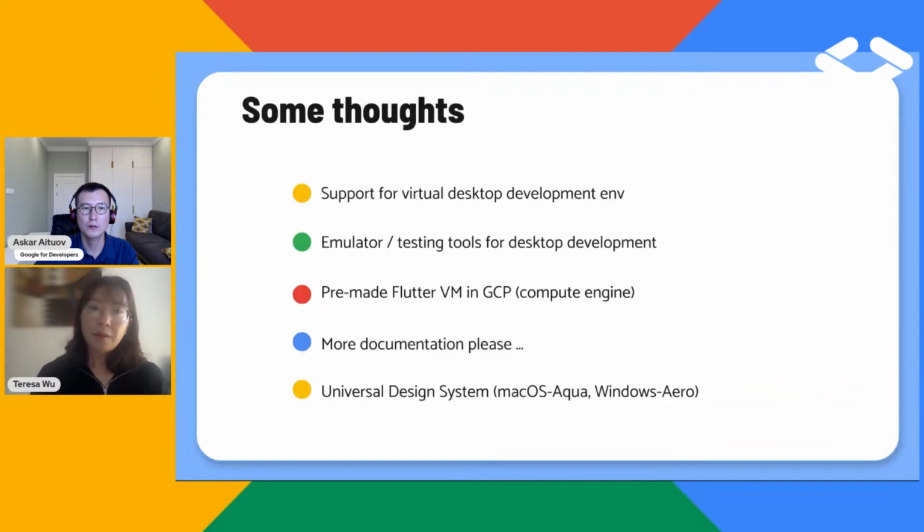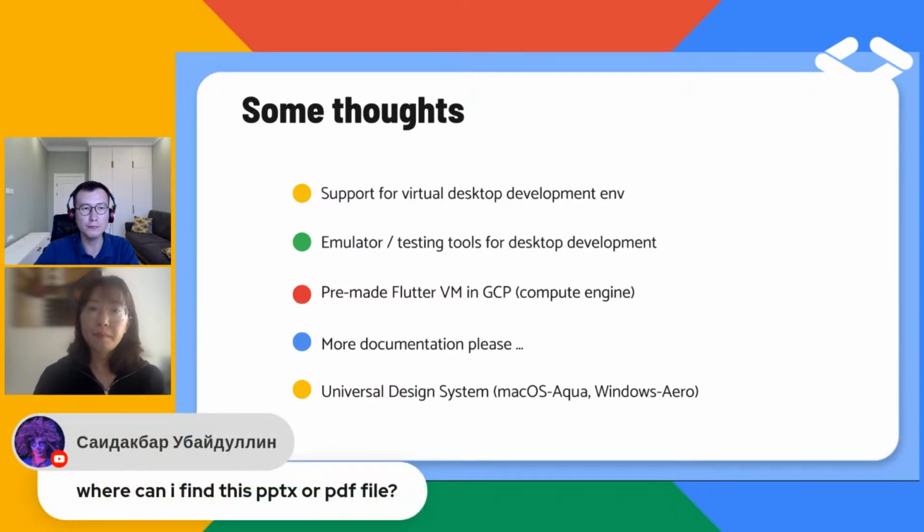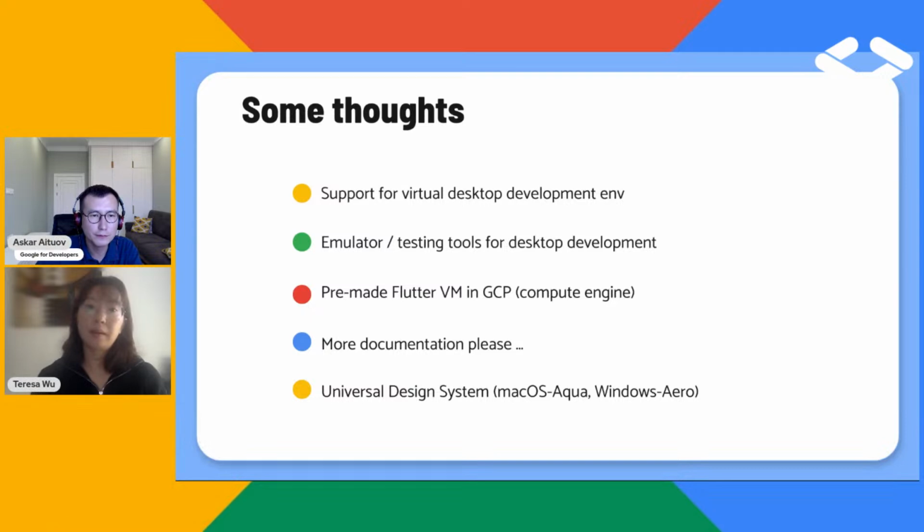So in terms of desktop, here are some of my thoughts. It does work nicely, but we could have some support for a virtual desktop environment. When we build applications for web and mobile, we have a virtual environment to test on, so we can test on iOS, Android, and different browsers.